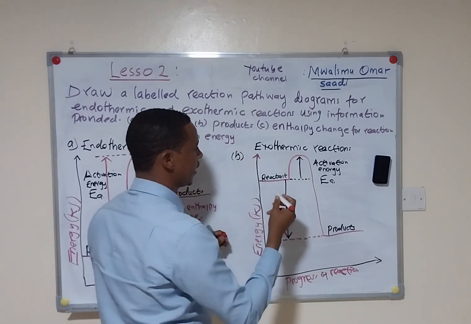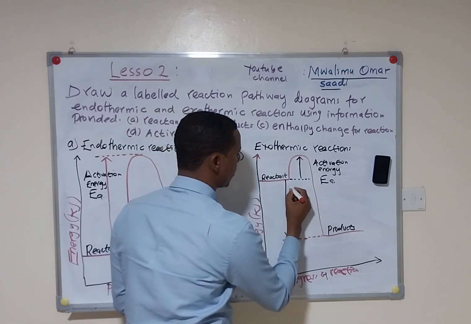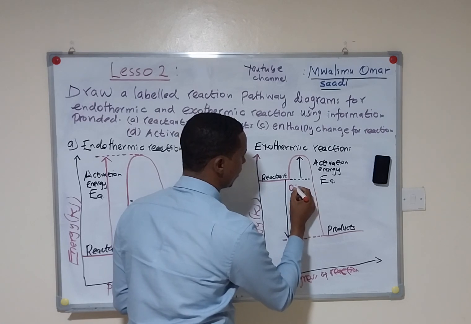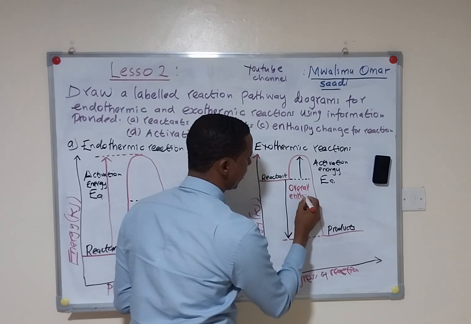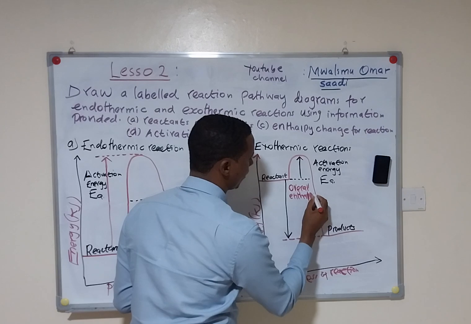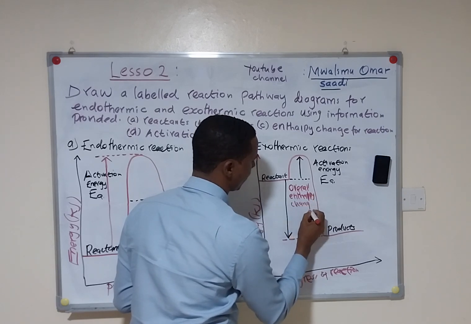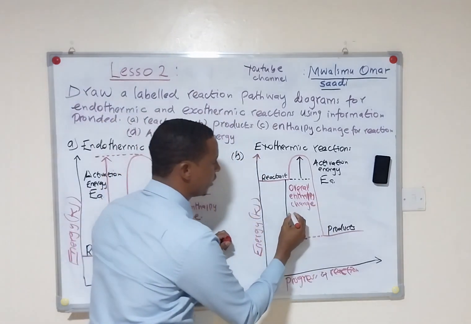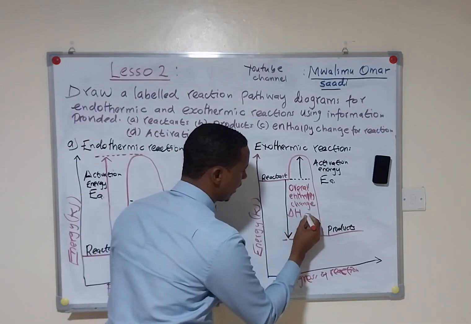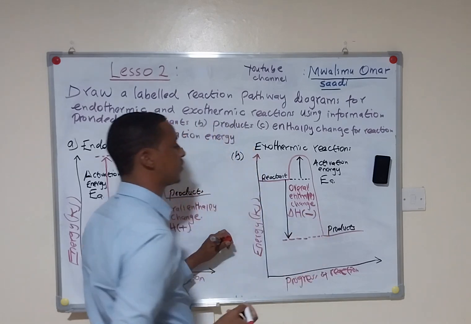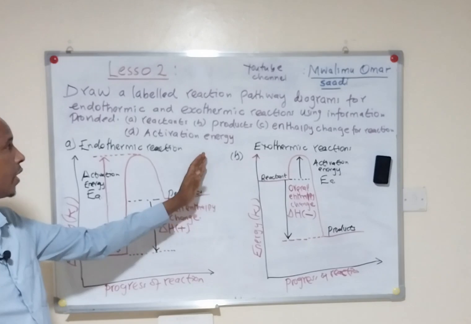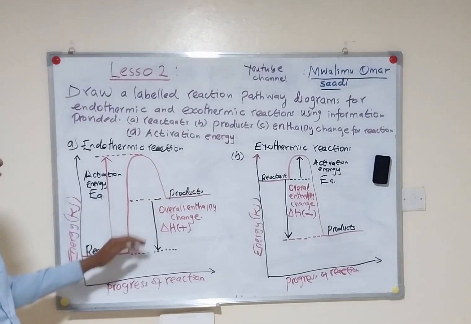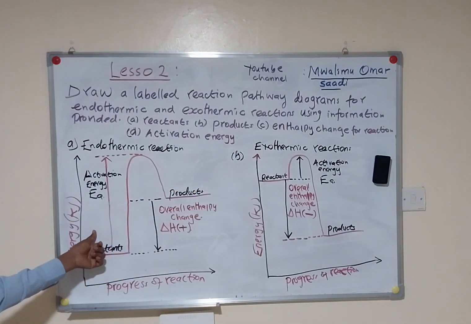So this is the overall enthalpy change, denoted change in H, and the enthalpy change for an exothermic reaction is negative. So that is the difference between the energy level diagrams showing endothermic and exothermic reactions.